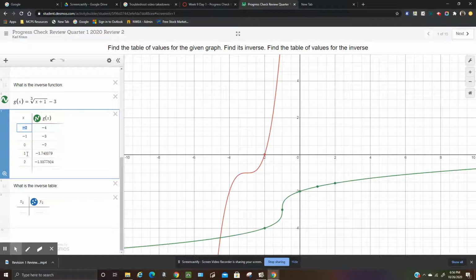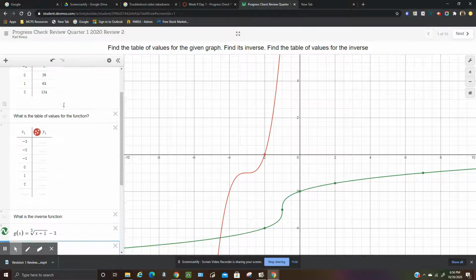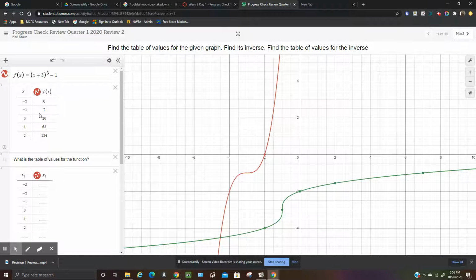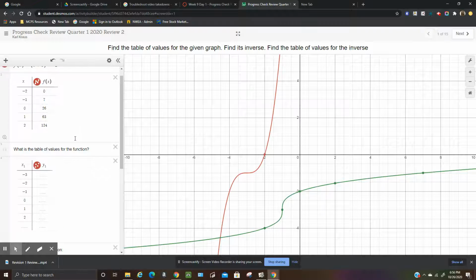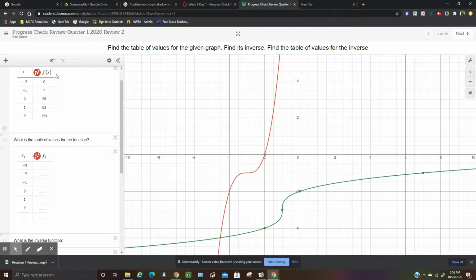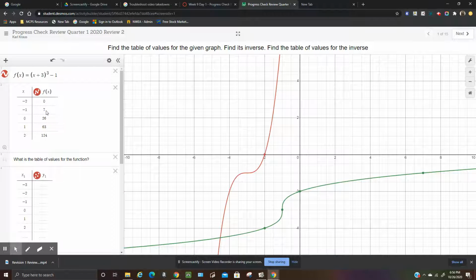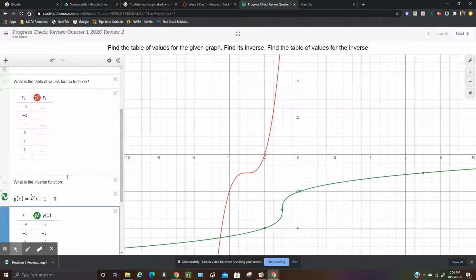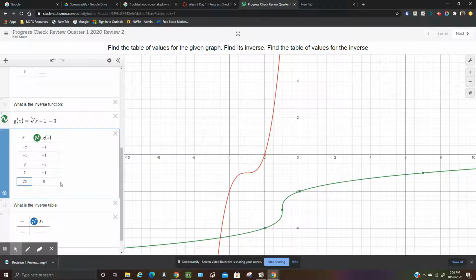So if I plug in a 7, -1, 26 should be 0 down here. So, all right, so we can see, to get the inverse table is just swap the x and y's, and you'd get the inverse table down here.